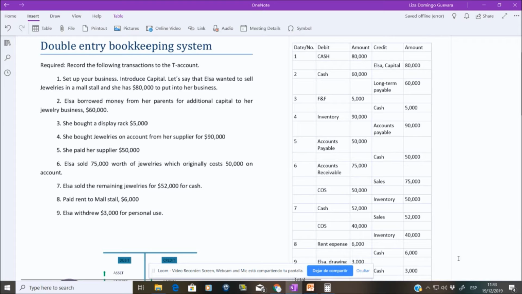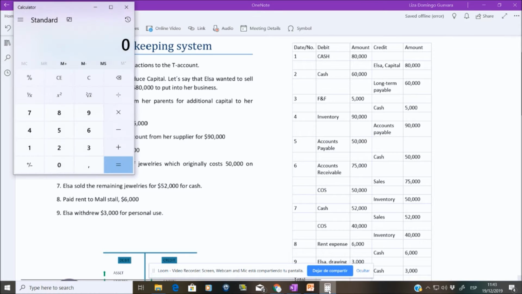Okay, so let's total the amount of the debits and credits.